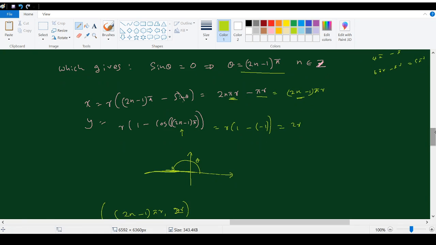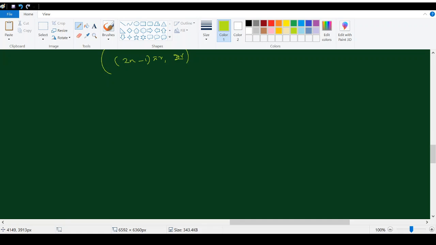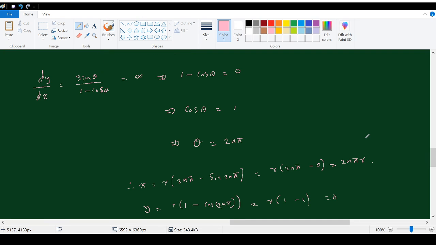Okay, and finally, to calculate the vertical tangents, you will need the derivative to be equal to infinity. That means it's not a horizontal, I'm sorry, a vertical tangent. So the derivative should be equal to infinity, and that will come from having the denominator equal to 0.